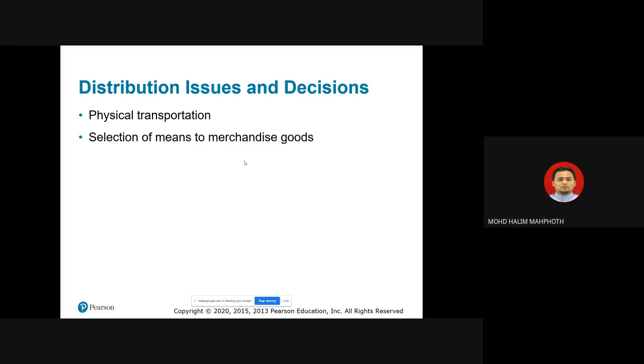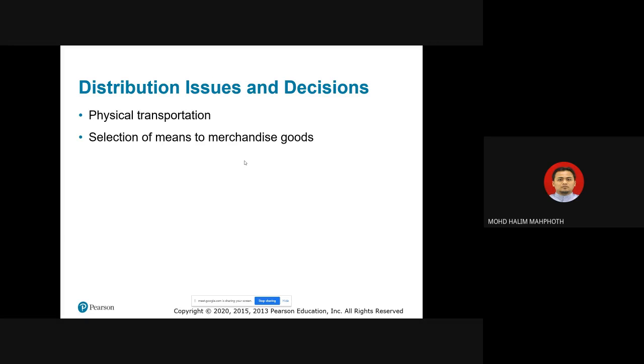Okay, distribution issues and decisions. This one is more toward physical transportation. Of course, you have to decide whether to use sea freight, air freight, or road transportation, or maybe train, because it depends on the good itself.